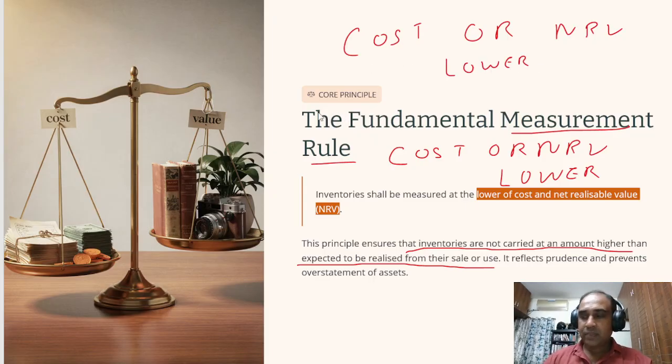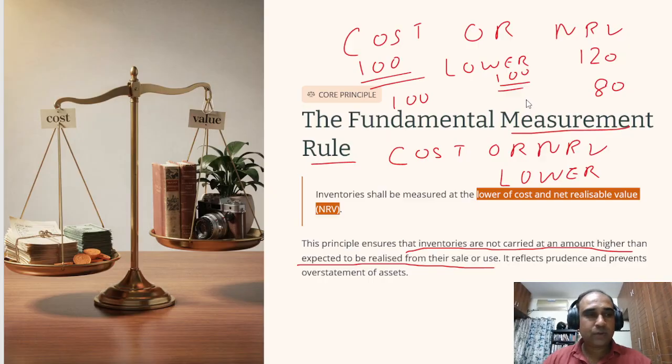For example, if we purchase the inventory at 100 rupees, the inventory can be valued at 100 rupees. And if the realizable value of the inventory is say 120, the inventory will be valued at what? The value lower of the two will be 100. One more example. If the inventory valued at cost is 100 and the net realizable value is 80, again we will follow the prudence principle.